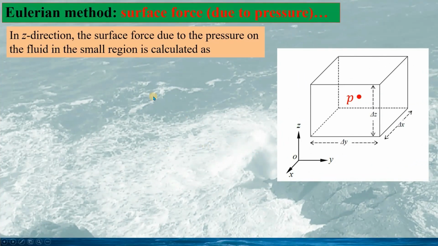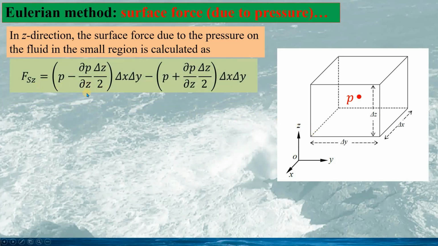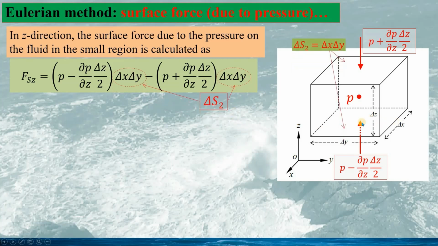In the same way, in the z direction, the surface force due to the pressure would be calculated as this. The first part is the pressure acting on the bottom surface, and this part is the pressure acting on the top surface.